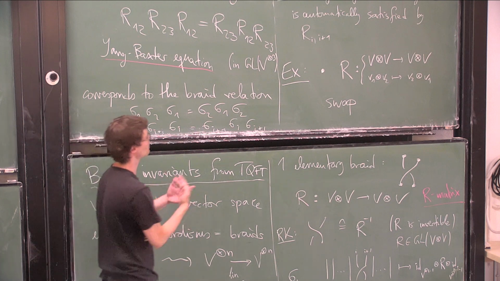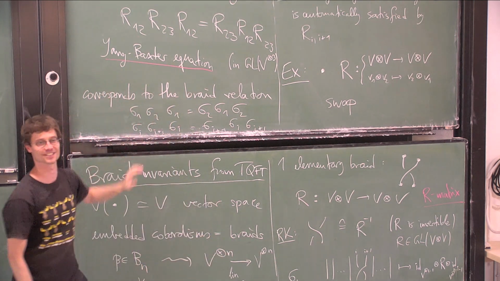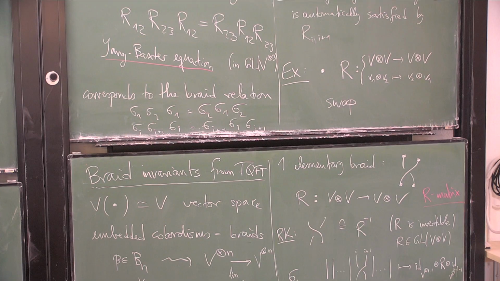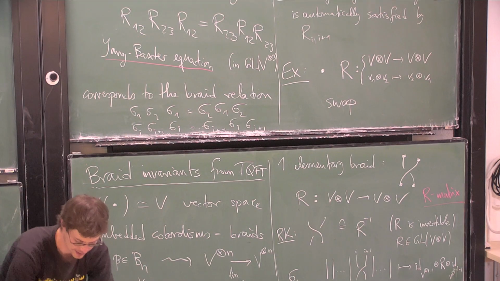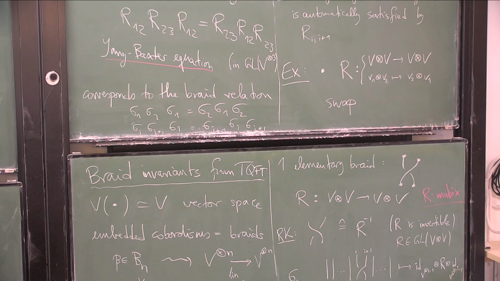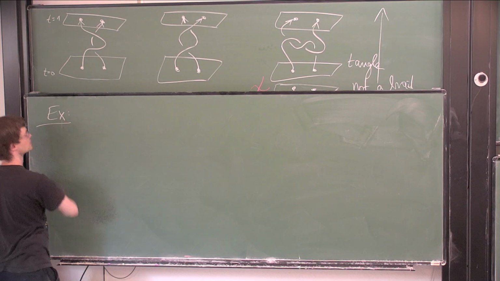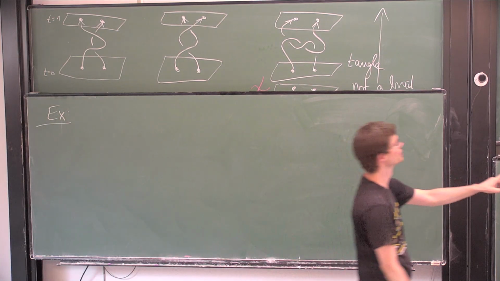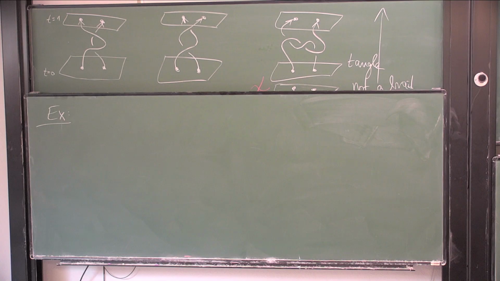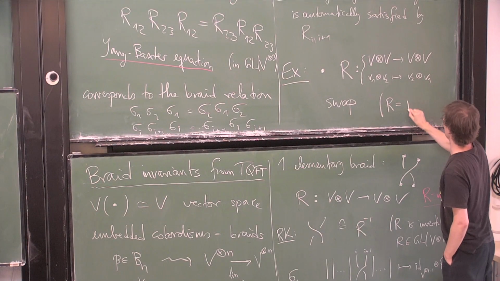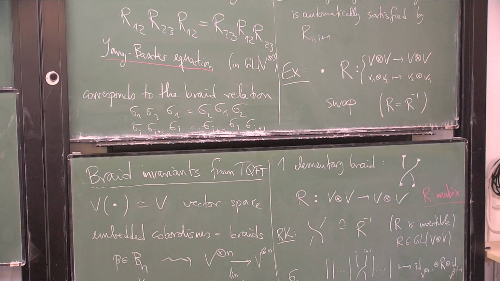So just swapping things around satisfies this relation. So in this sense, we have somehow recovered what we did yesterday, but of course there are more interesting examples. So in particular, in this example, R actually equals R inverse. So crossing like this or crossing like this does not change.